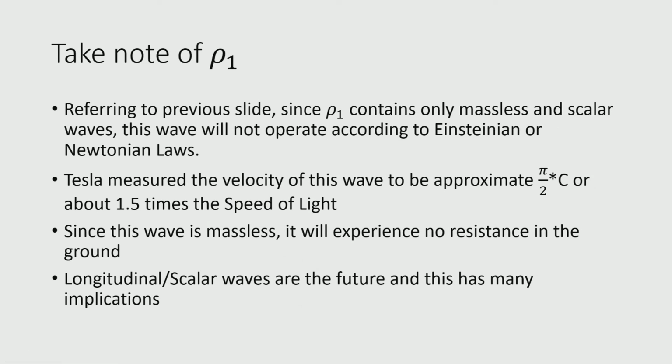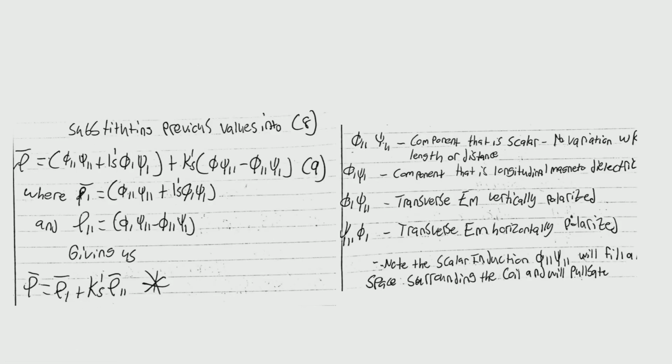So since there's no mass, like if we go back all the way to the first slide, we know that the units are going to be L cubed over T squared. And we can even get rid of that L because the length will essentially cancel out as long as we're tuned to the Earth's frequency. So this is a very unique wave. This is our longitudinal wave. It does not behave like I showed you about how our normal Hertzian wave behaves.